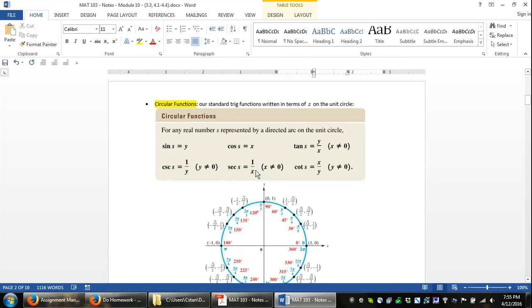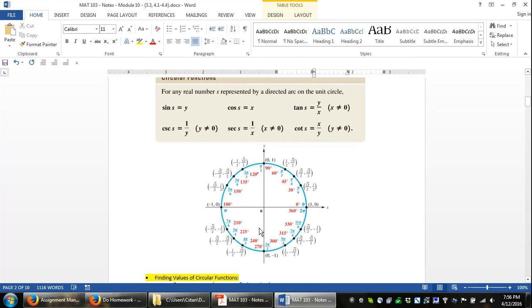Secant of, let's say, secant of 300 degrees. 300 degrees is right here. Is that right? This is 300 degrees. The x value for that is 1/2.